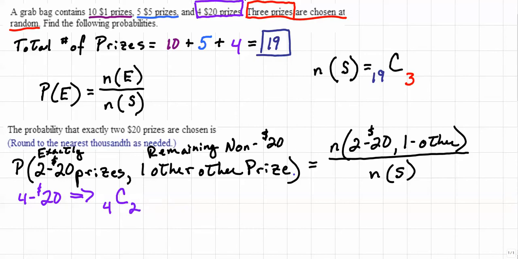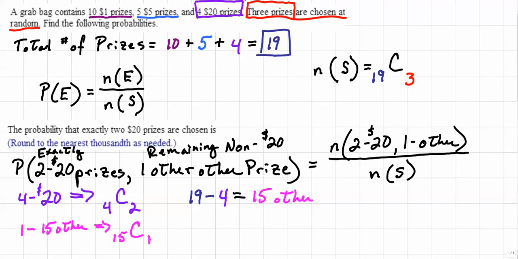And since I have 4 $20 prizes and I have 19 total prizes, we take the 19 total prizes and subtract the 4 $20 prizes, which gives us a remainder of 15 other prizes. So we're going to choose one of the 15 other. That also will be a combination, so it will be 15 chosen one at a time.